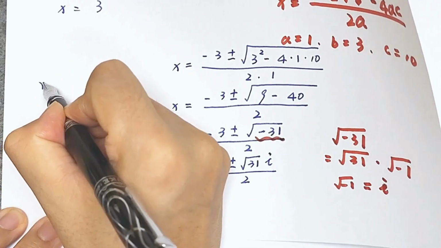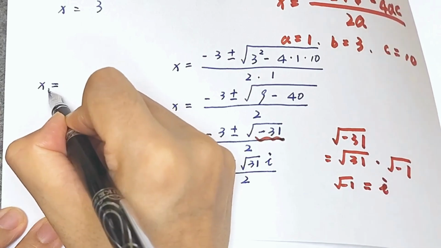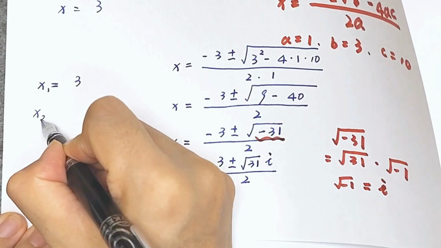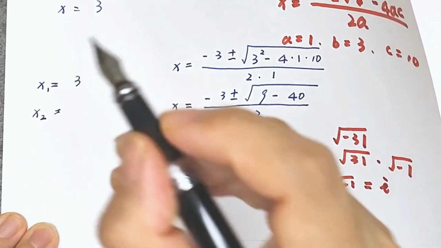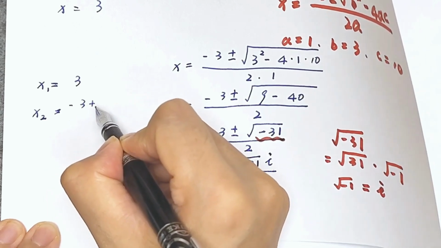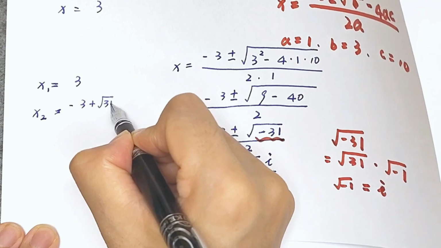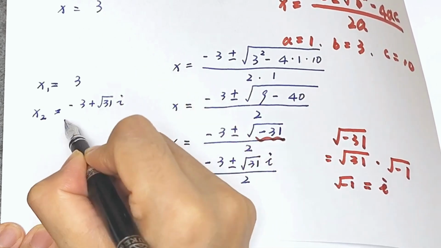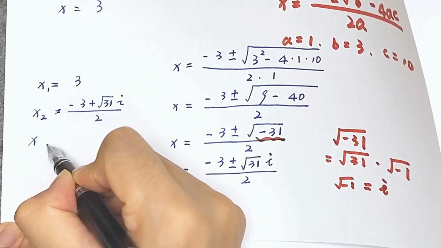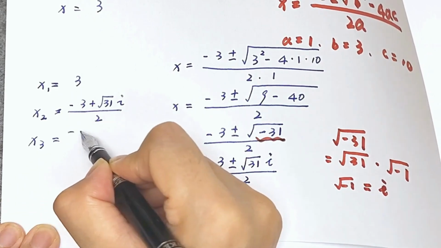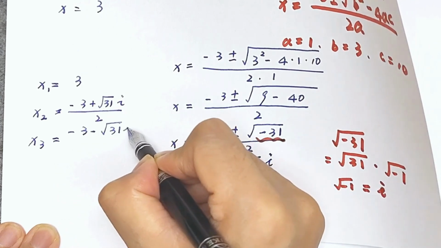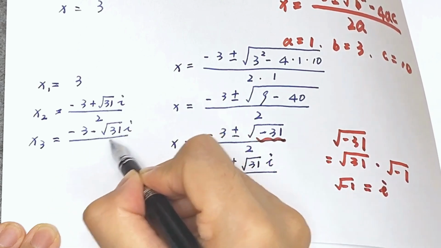So x equals 3, or x equals negative 3 plus square root of 31 i over 2, or x equals negative 3 minus square root of 31 i over 2.